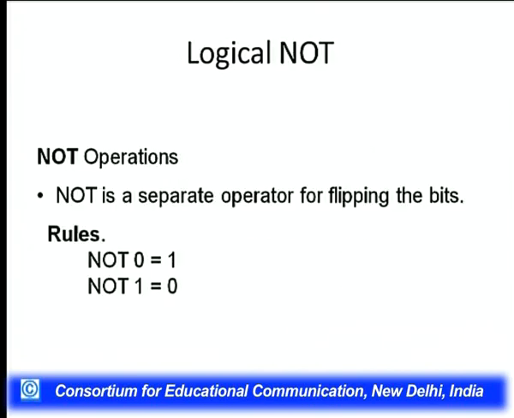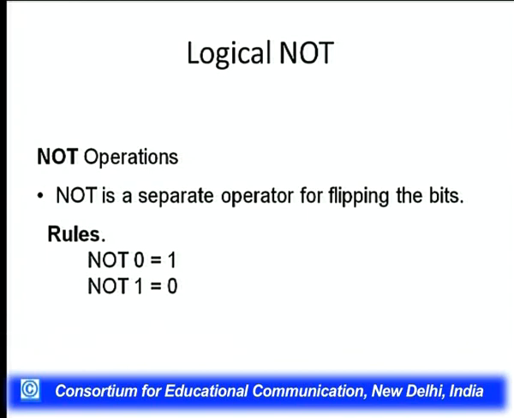Then we have another logical operator, which is called NOT. NOT is a separate operator for flipping the bits. Flipping the bits means that not true will be false and not false will be true. That is, not 0 will be 1 and not 1 will be 0. So, this is kind of a reverse operation.